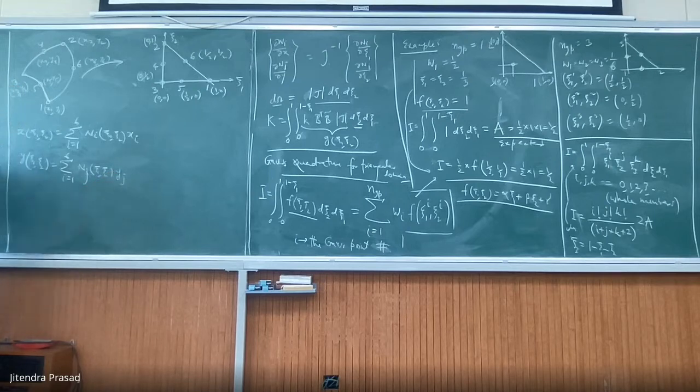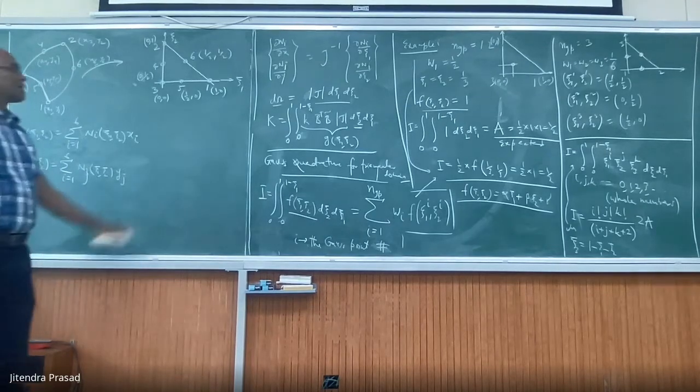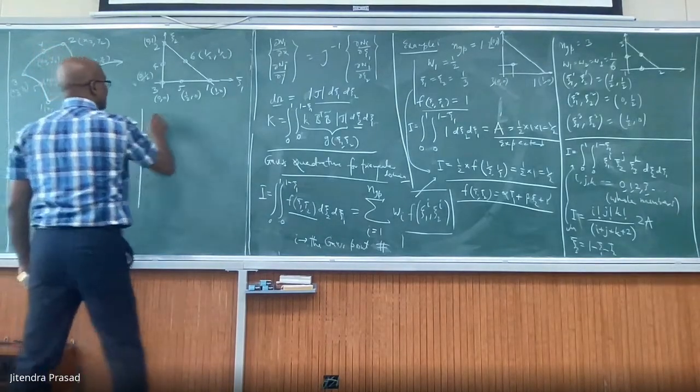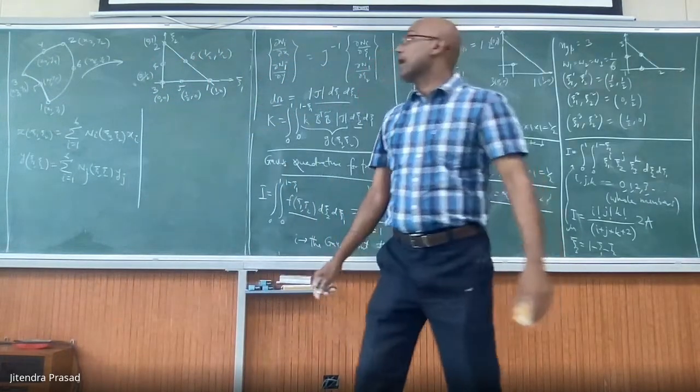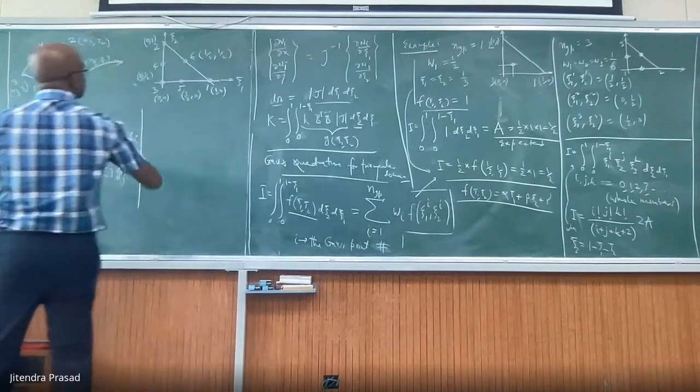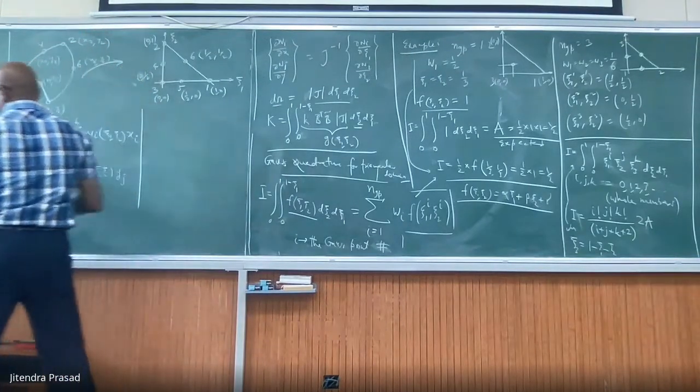The only thing is what the values of these shape functions are. And the shape functions here you can now see how to define. You can define very easily now. How? You can define very easily.